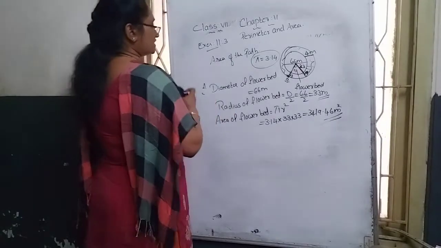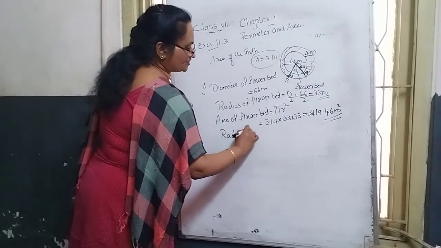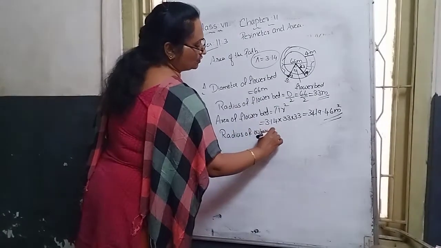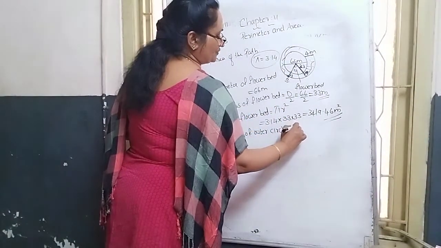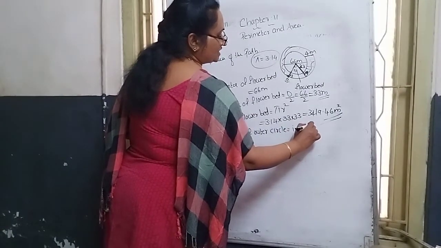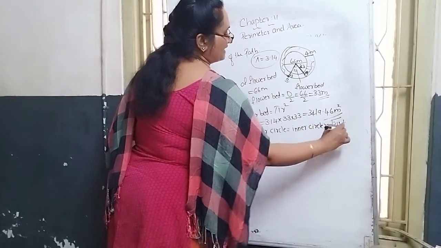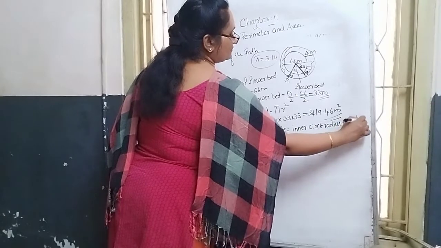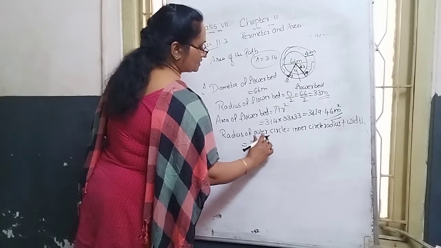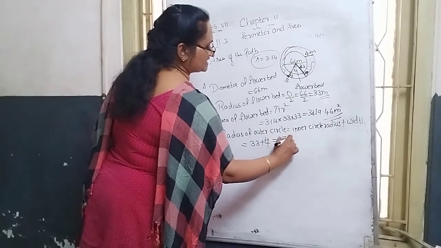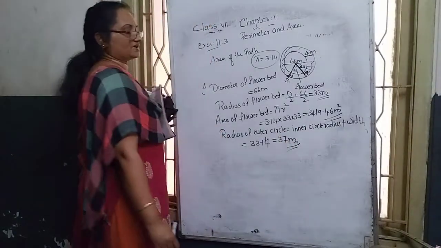So we can write the radius of the outer circle is the radius of the inner circle added with the width. The inner circle radius 33 added with the width 4, so 33 plus 4 comes to be 37, not centimeter but meter, is the outer circle radius.